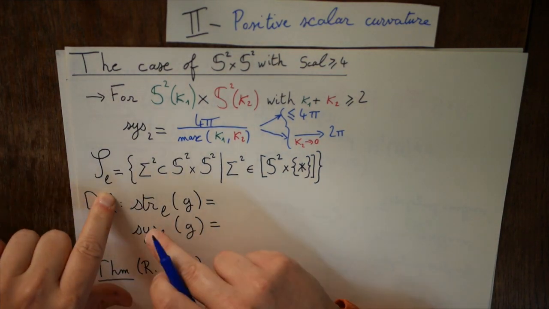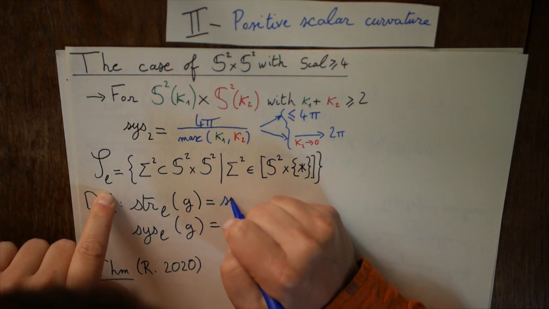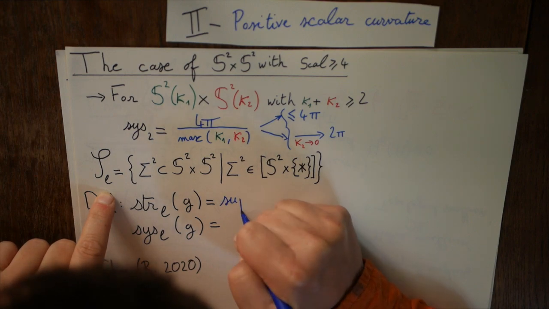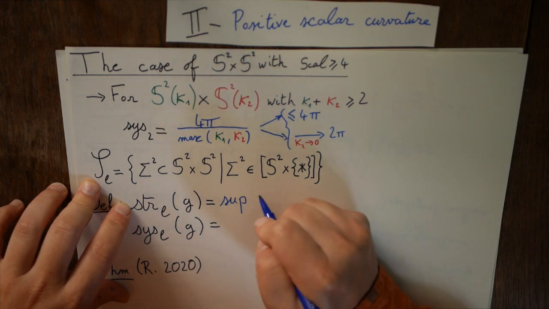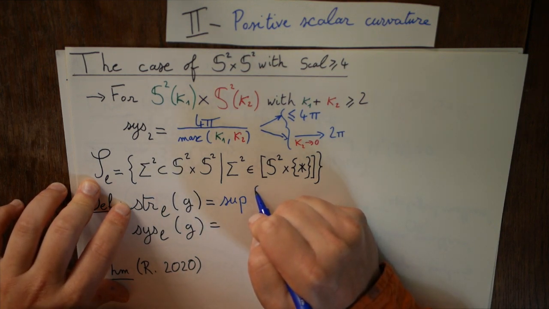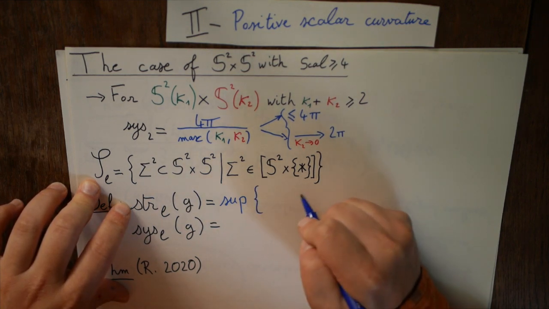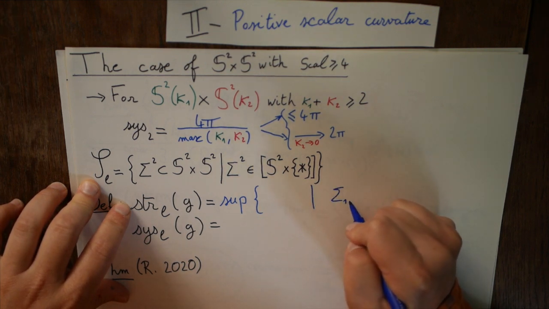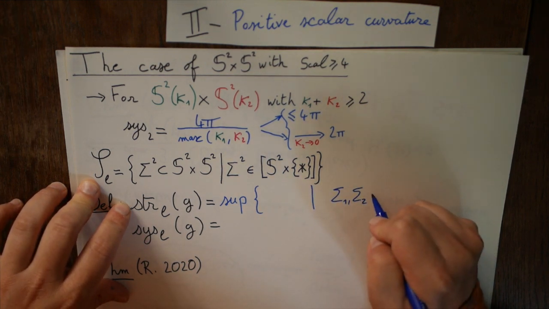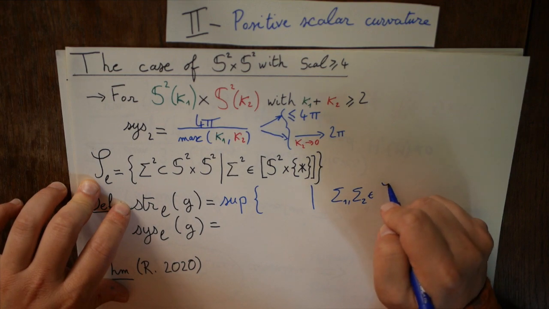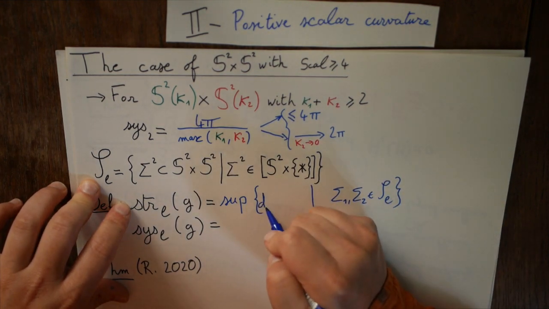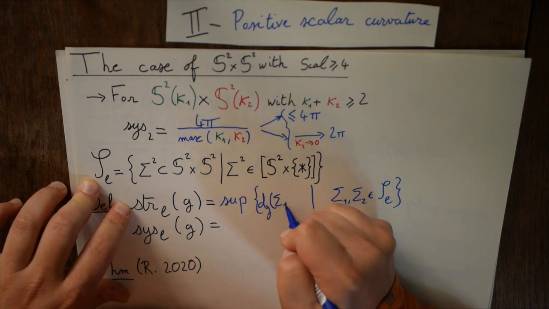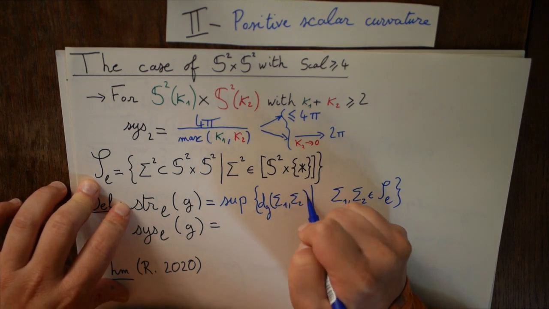That will be the supremum over all couples of surfaces in SL of the distance with respect to g between sigma 1 and sigma 2.